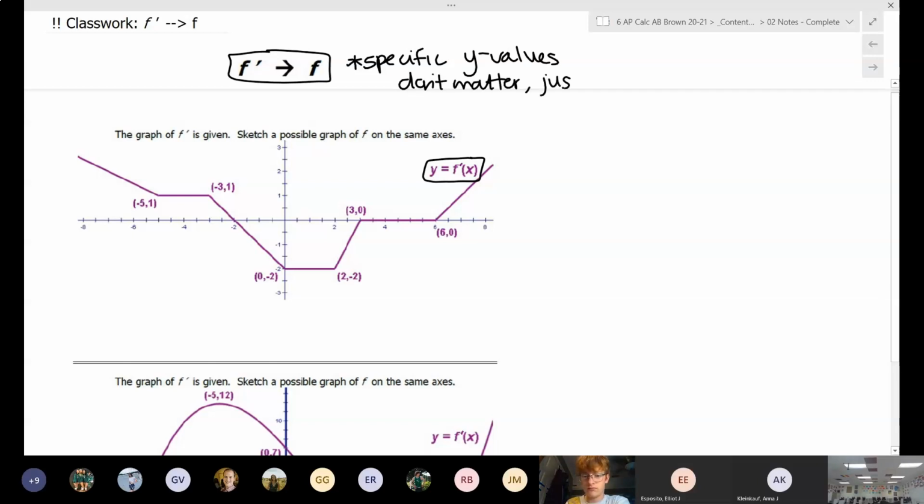Just the shape. And the reason why is, if I just give you the derivative, we just know that this function is increasing and concave down, but we have no idea where it's located. So we won't have to worry about where we put this on the graph. We just want to make sure that the shape matches what it needs to.